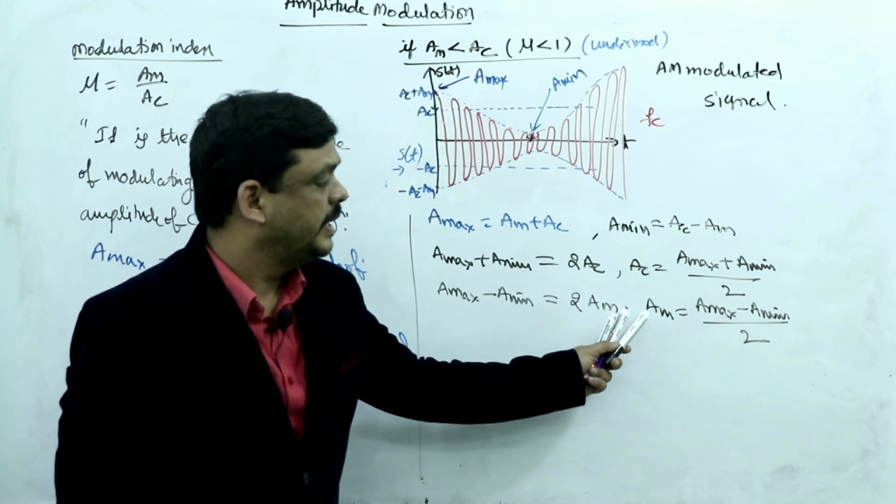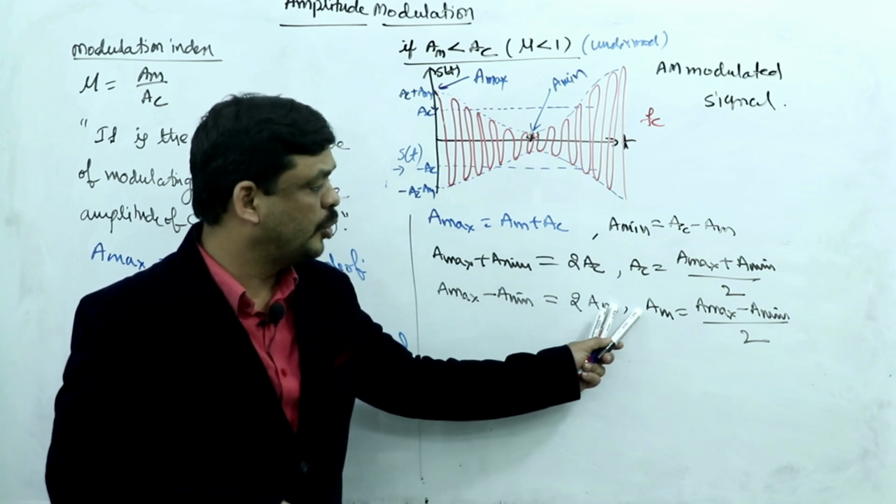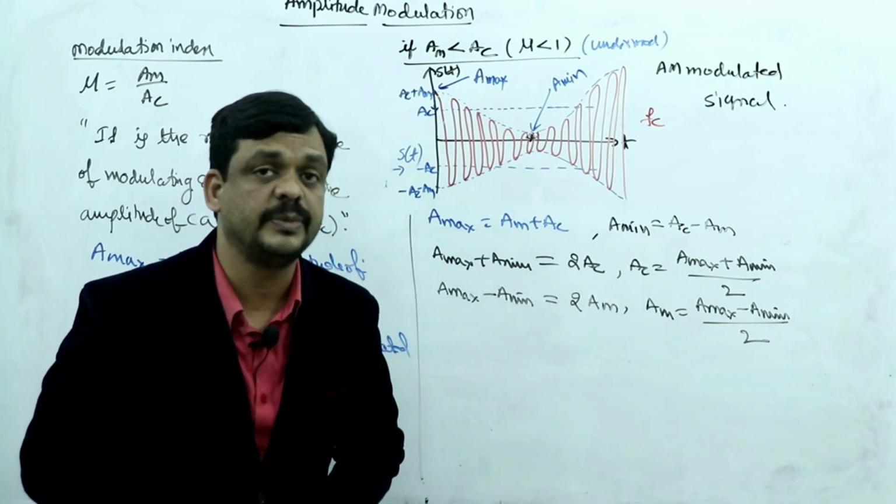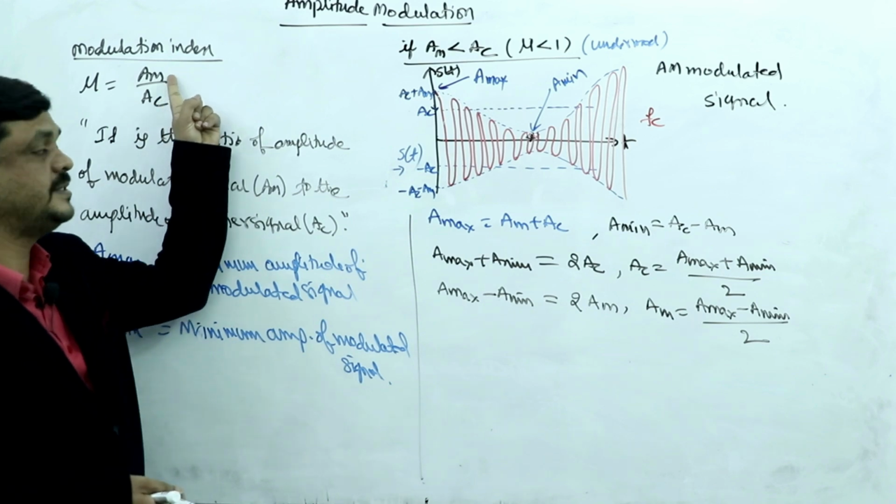So this explains AM, the amplitude of the modulated signal, and this equation explains the amplitude of the carrier signal. The modulation index is the ratio of these two.